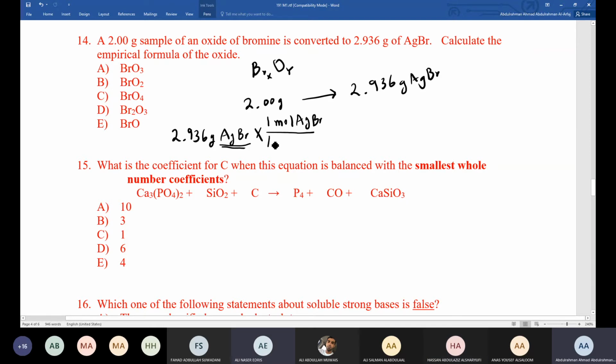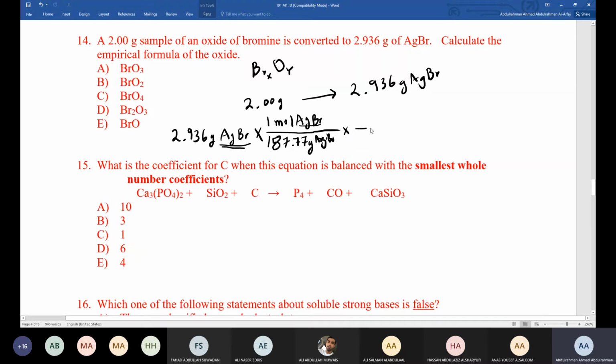No, I don't want you to give me the answer. Give me the molar mass of AgBr. 187.77. Good. Gram AgBr.